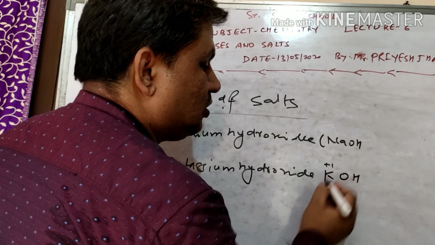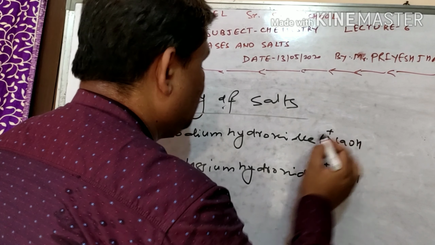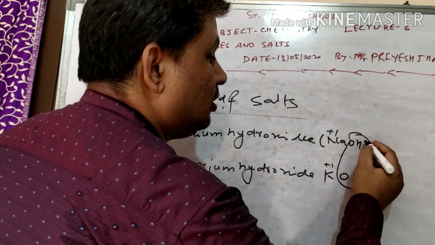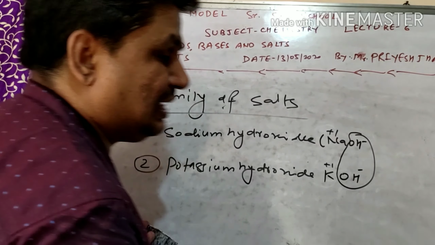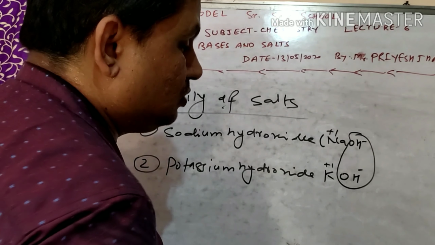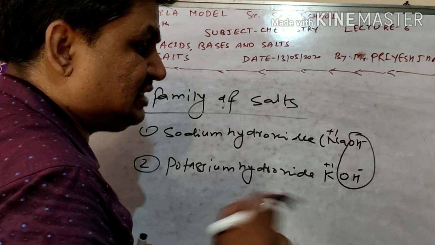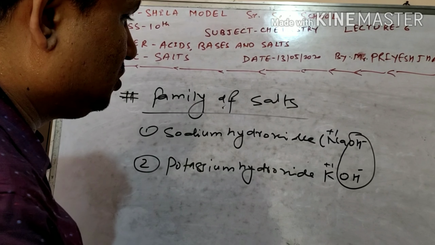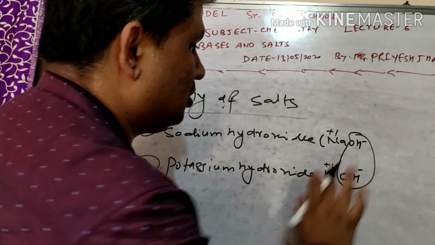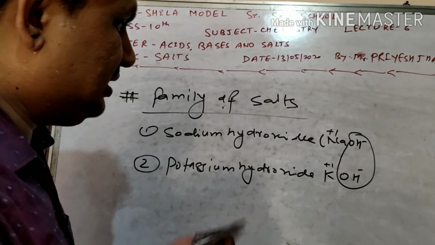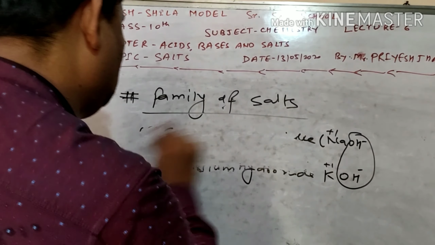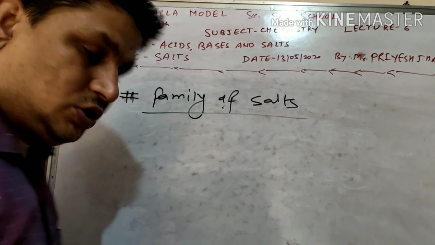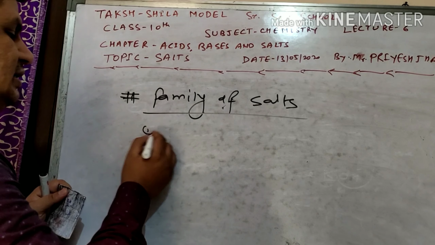Here the positive charge is on potassium, and in sodium hydroxide, positive charge on sodium, but the negative charge in both compounds is present on hydroxide ions. Okay, something mistake in this. This is not a salt, it is generally a base. Sorry.